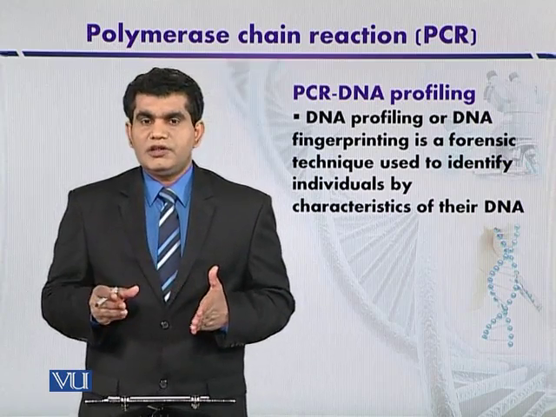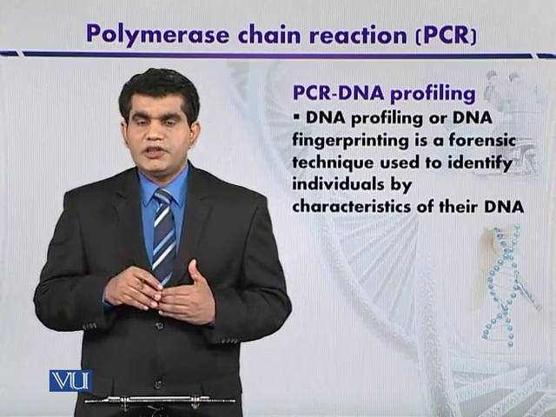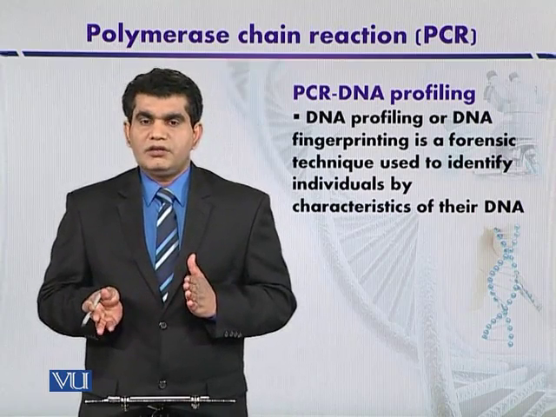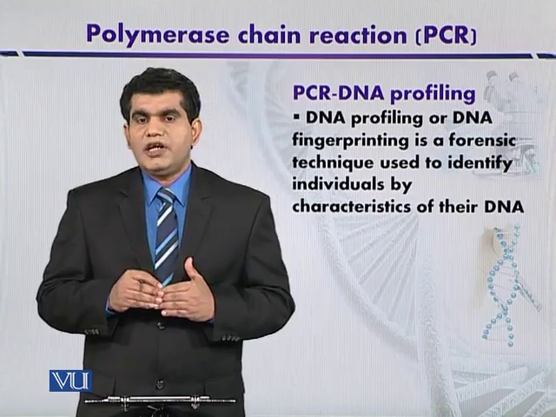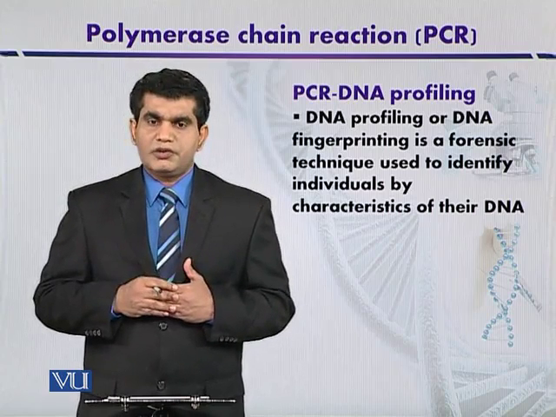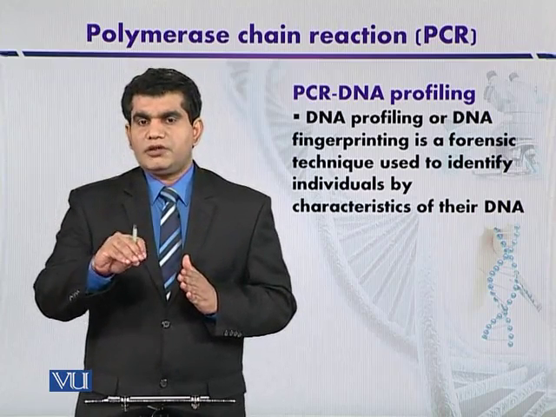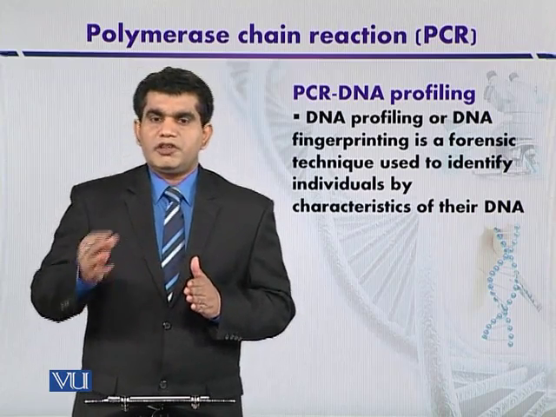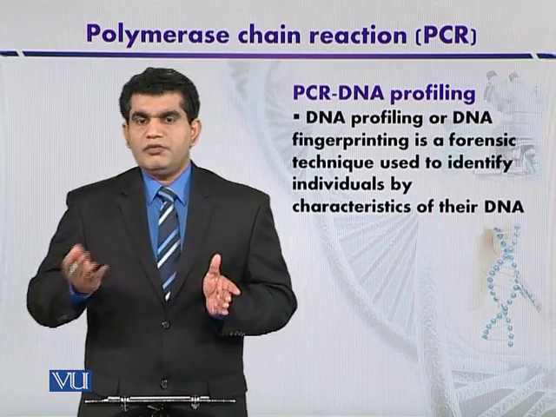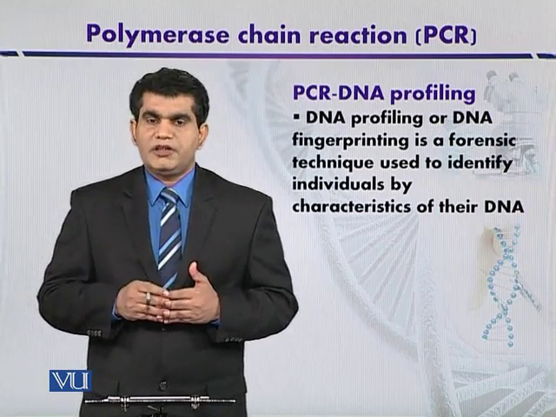So genomic DNA is there, we have a particular restriction enzyme, and we can digest the DNA that has been extracted from different sources. Like DNA can be extracted from the tissue collected from the crime scene, from the suspect or from the victim, or different suspects that are involved.